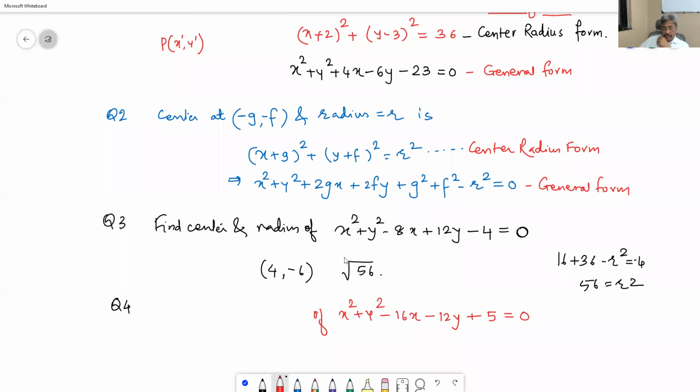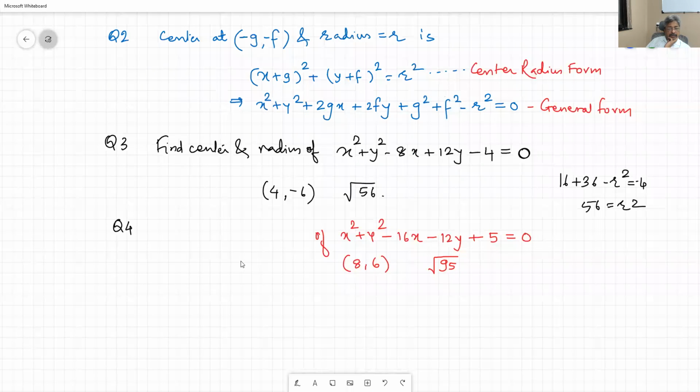Okay, in this case center is 8, 6. Squares add up to 100 minus 5, since it is plus 5, it is 95. R square is equal to 95, therefore R is equal to root 95. Good.